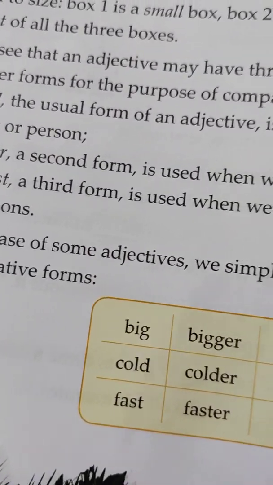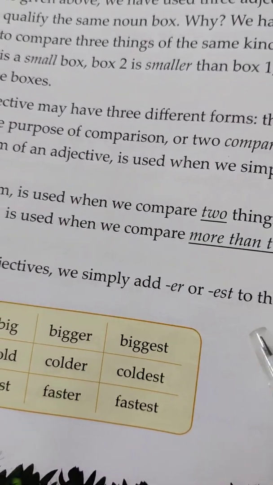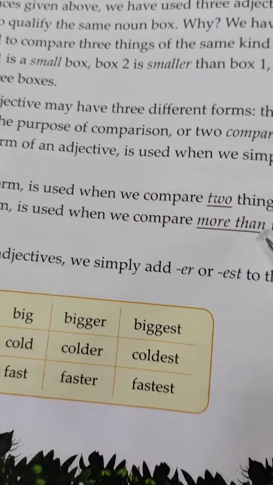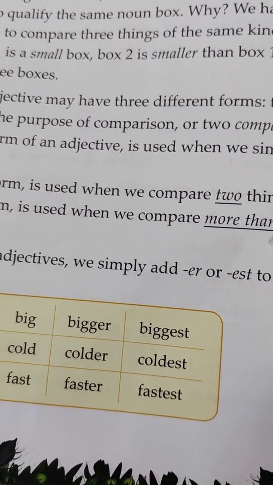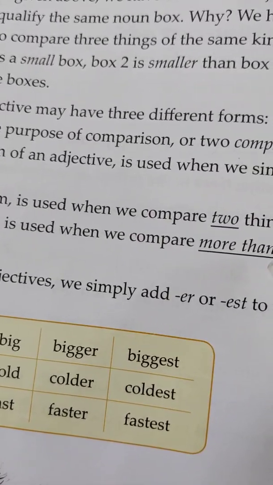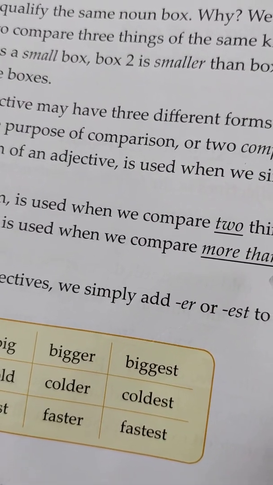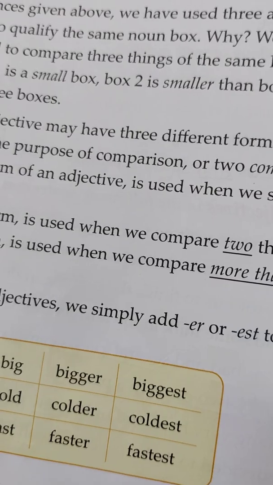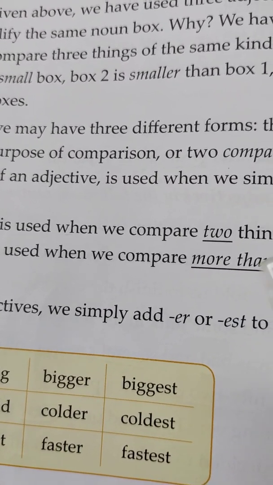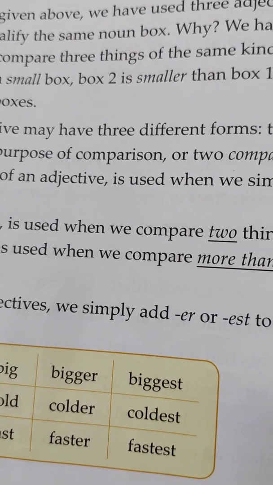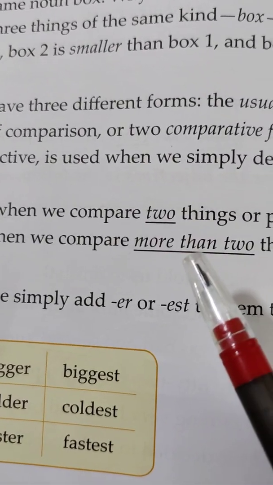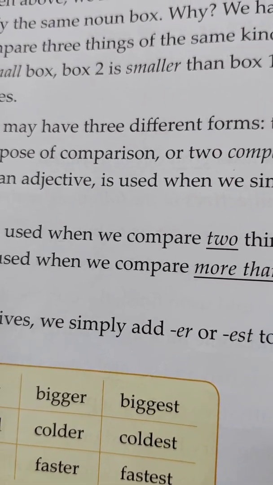In the case of some adjectives, we simply add. Now, how do we make a comparison? In some of the adjectives, we simply add er or est. The usual form is as usual, and for comparison, er is added, and in the third form, est is added.